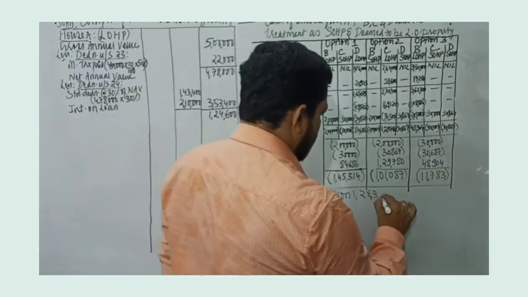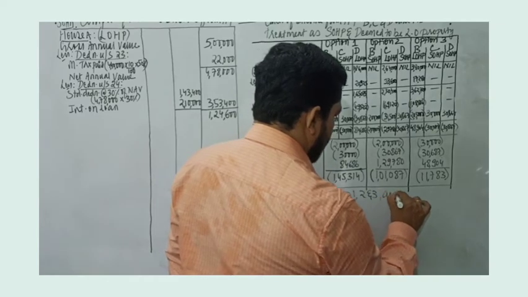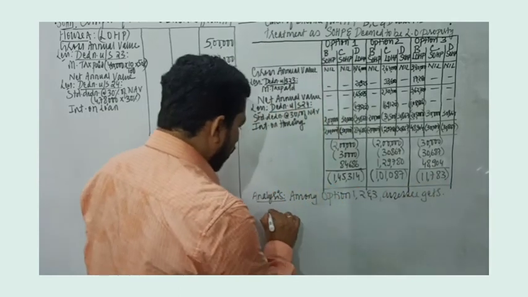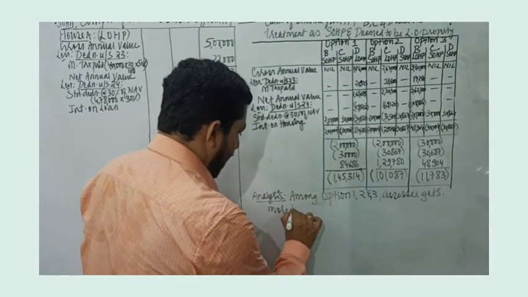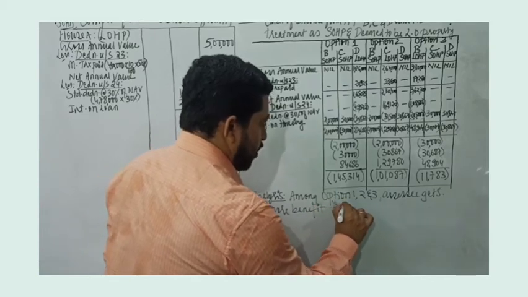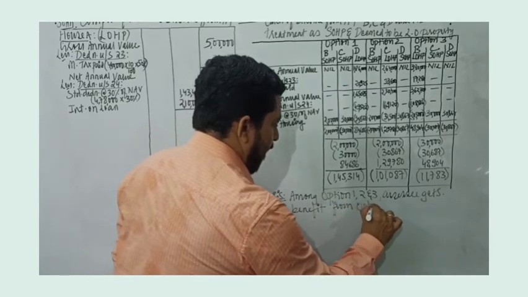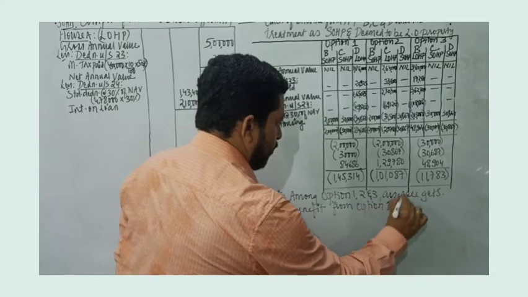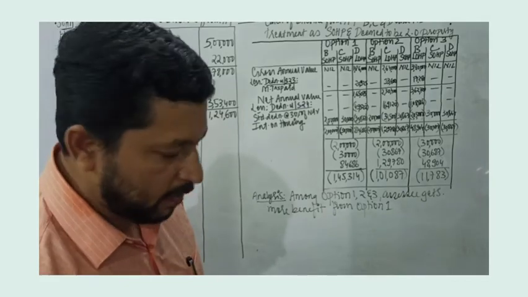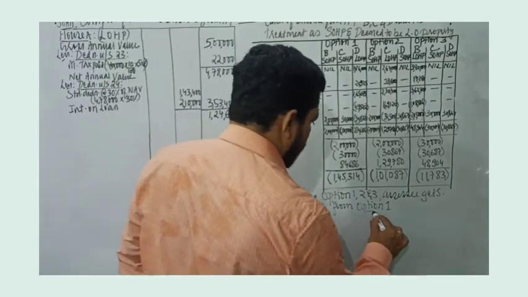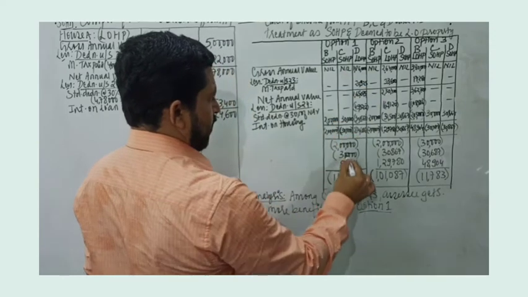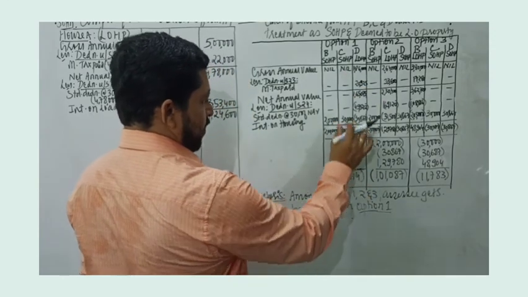So SSC gets more benefit from option 1. So SSC is going to choose option 1 for the calculation. So meaning to say, this option will be considered.